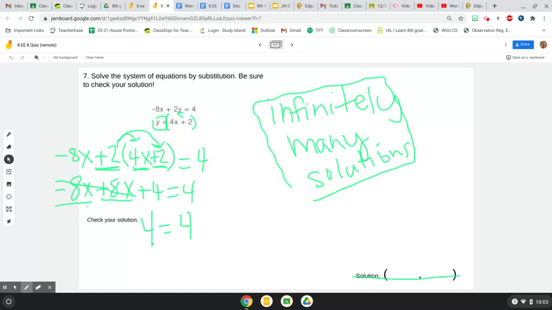So you wouldn't really have an ordered pair. So hopefully that didn't throw you off too much. Okay, so for this one, to check, there's really not a good way to check it unless you just go back and double check that you distributed correctly, that you substituted correctly. Okay, that's kind of the point of this one, is just making sure that you did all of the correct steps up until this 4 equals 4.